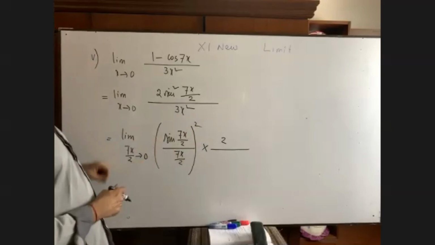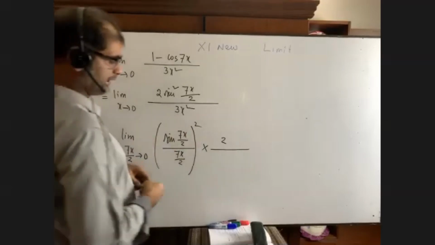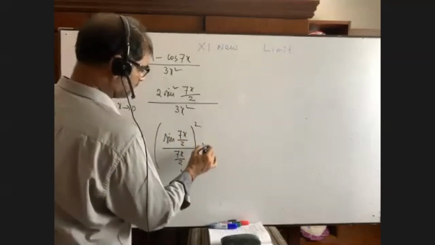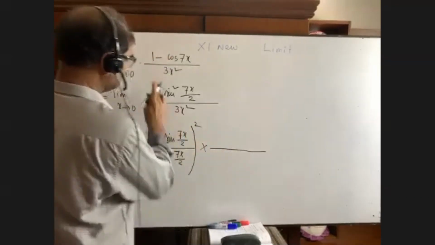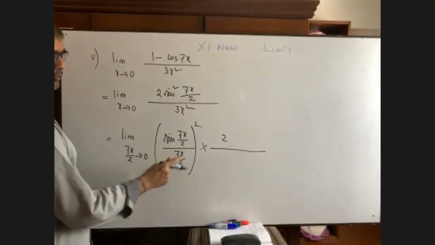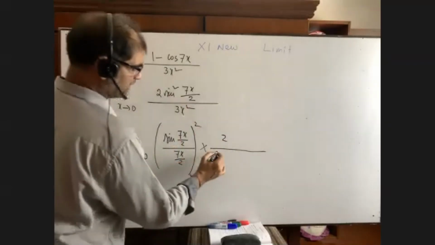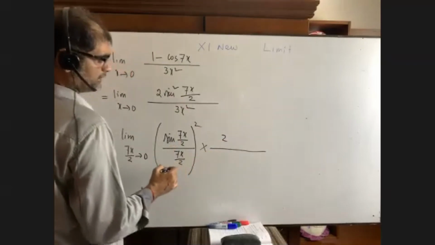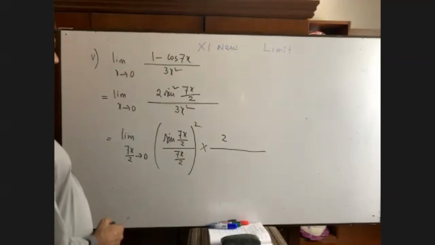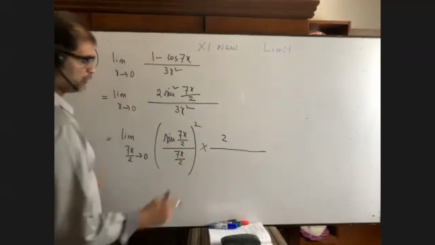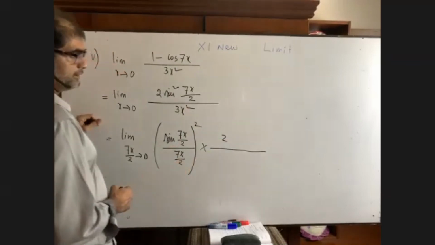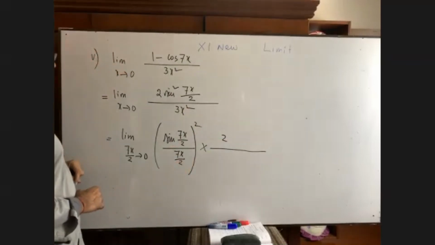Please try to understand. Then what should we take here? This 2 is this 2. Then this is 7 by 2, so we should take 7 by 2 to cancel it. What should we take here to get it cancelled? We should take 7 square by 2 square.